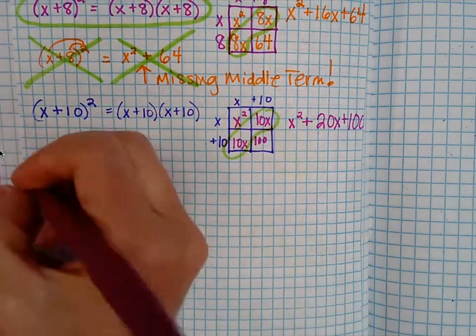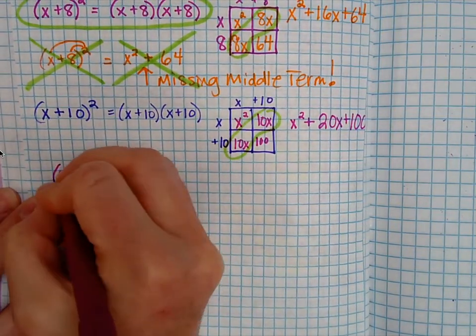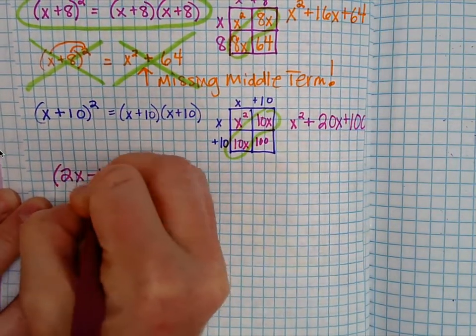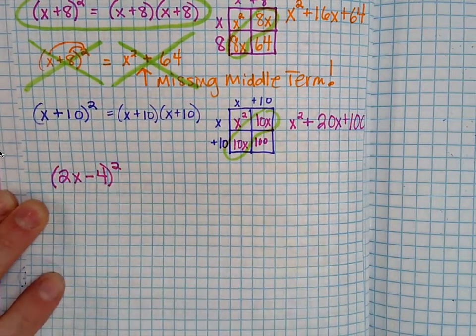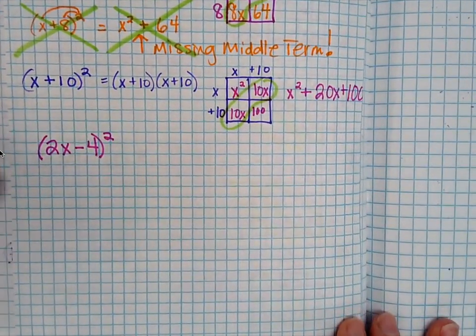All right, let's do another one. 2x minus 4 squared. A little different.